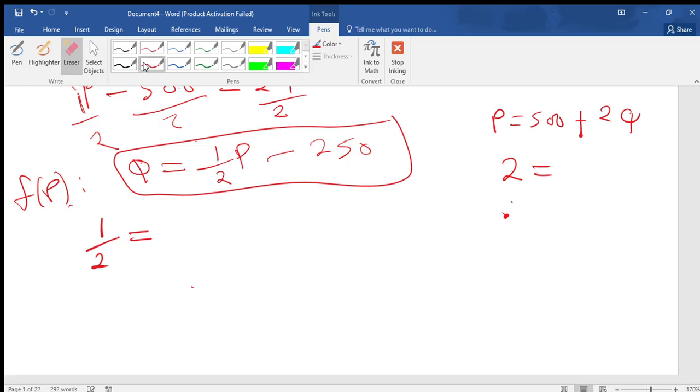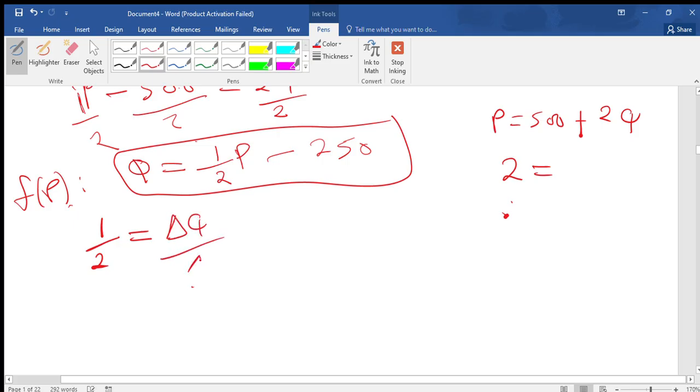If it is in the form of F of P, Q is the subject, and the slope will be change in Q over change in P. Here P is the subject, so the slope will be change in P over change in Q. So the slope here becomes 1 over 2, change in Q over change in P. Here the slope becomes 2, change in P over change in Q. You can use either one, and you will still have the same answers.